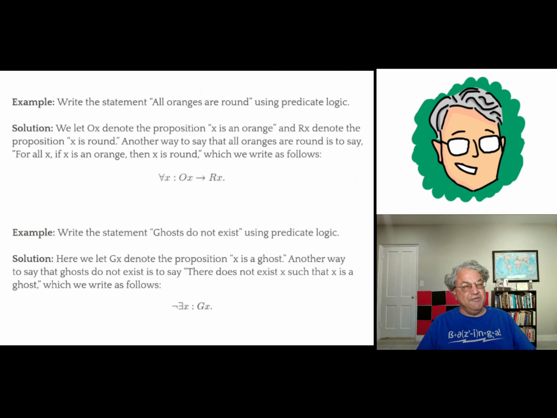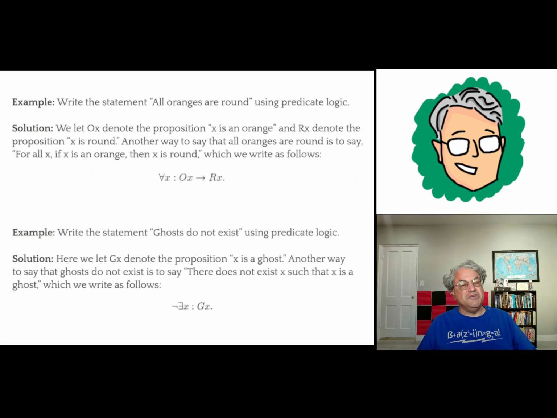In other words, everything in the universe that has the property that it's orange, and remember that's a predicate, a description, an adjective, then it's also round. So roundness is like a superset of being an orange. I've never seen in my life an orange that's not round, so this statement is pretty much true.